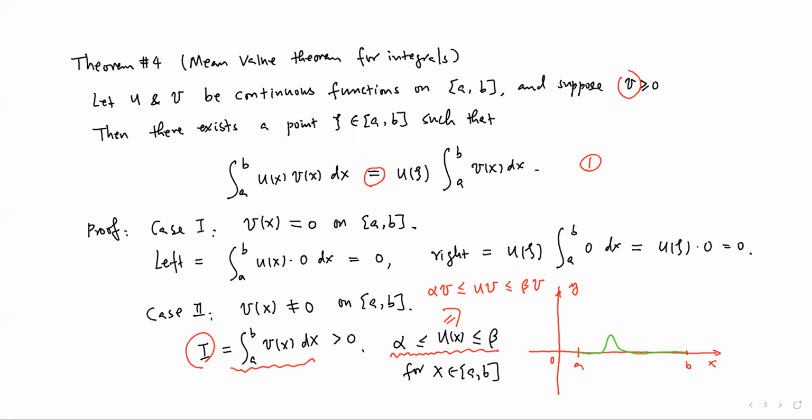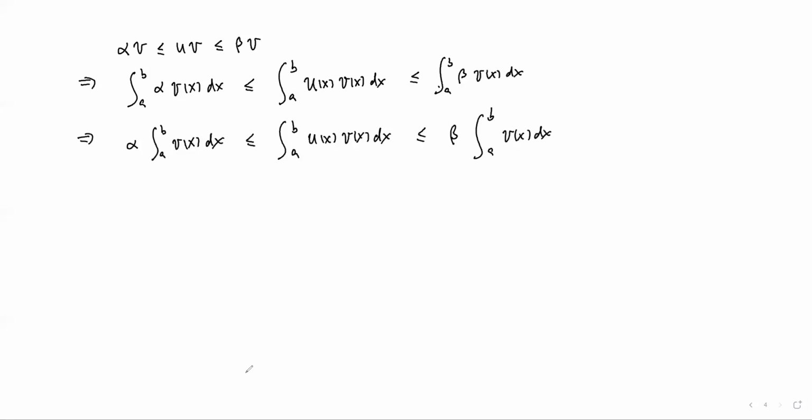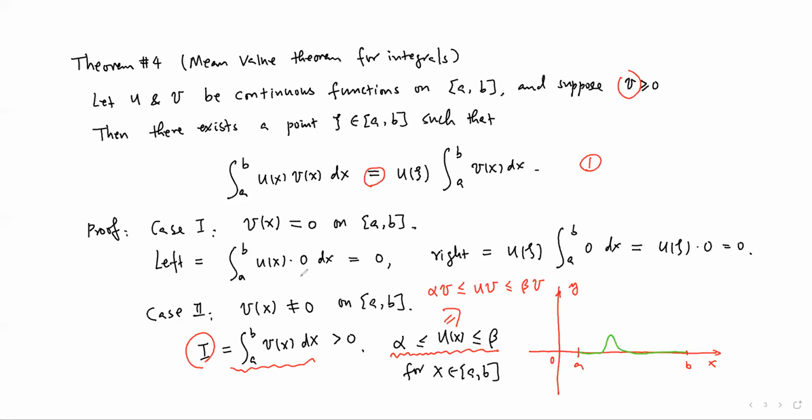So therefore, I have alpha times I less than or equal to the integral of U times V dx less than or equal to beta times I, where I is a positive number, right? Greater than 0.